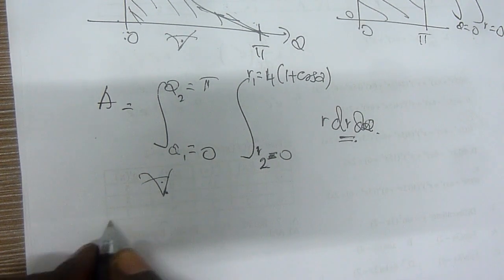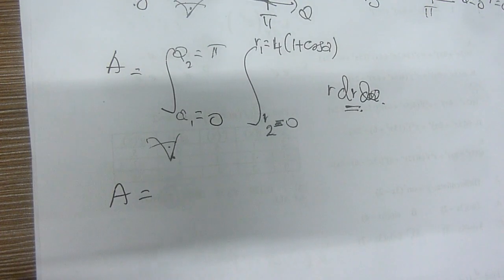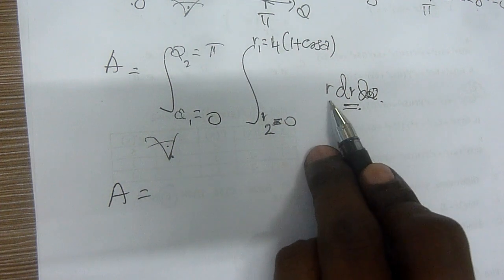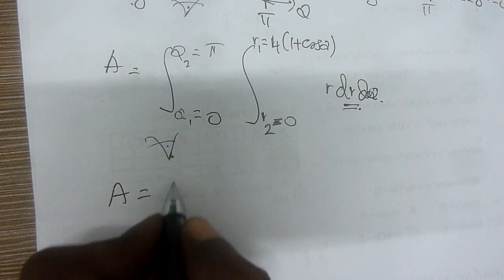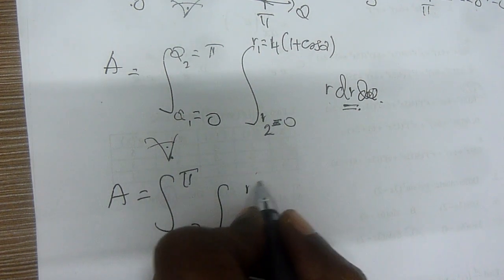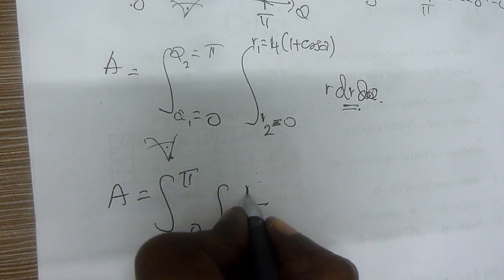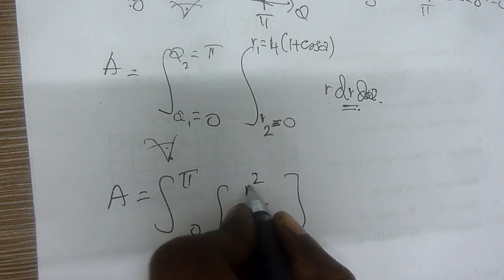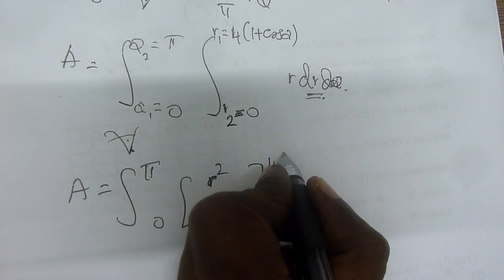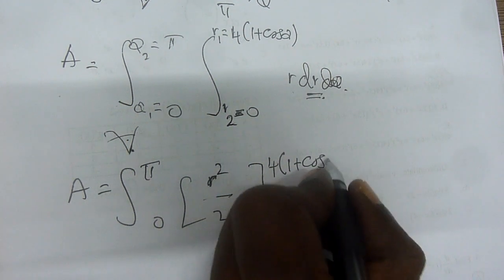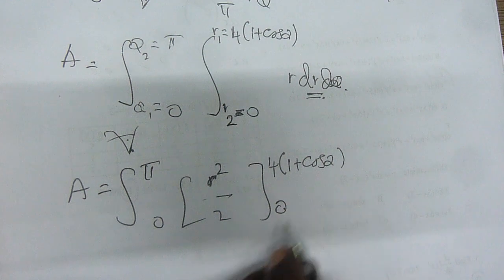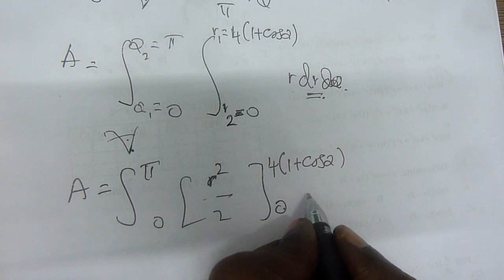Yes. I'll try to solve it very quickly. Okay, pi to 0, when you start solving, r power 2, then you get r2 to the 2, from 0 to 4(1 plus cos theta), r dr finish, d theta.